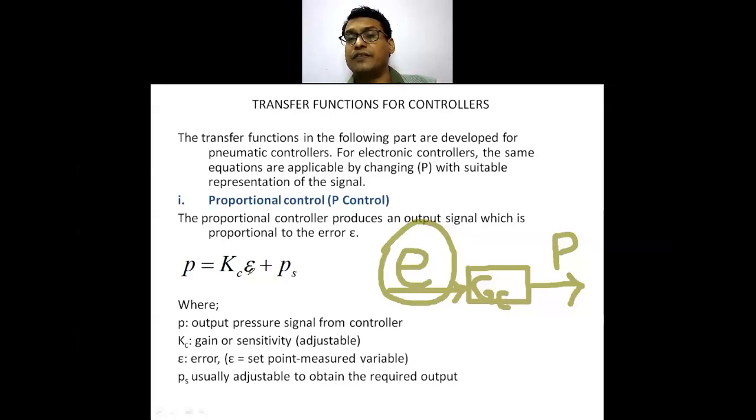So the error generated goes into the controller, and the controller provides the signal in terms of a pressure. This pressure is going towards the control valve and adjusts the position of the stem of a control valve, or adjusts the opening of the control valve. Because all your pneumatic control valves are operated by the pressure.